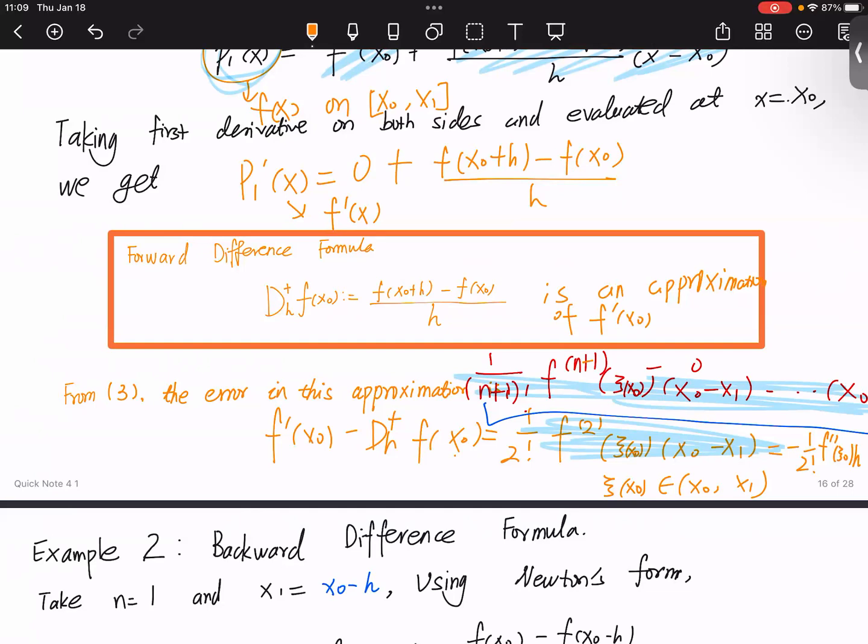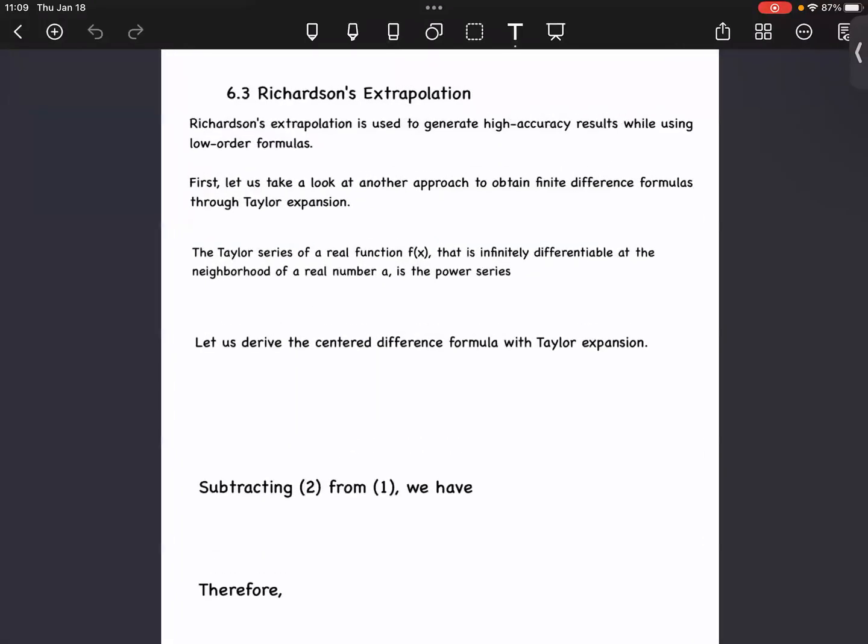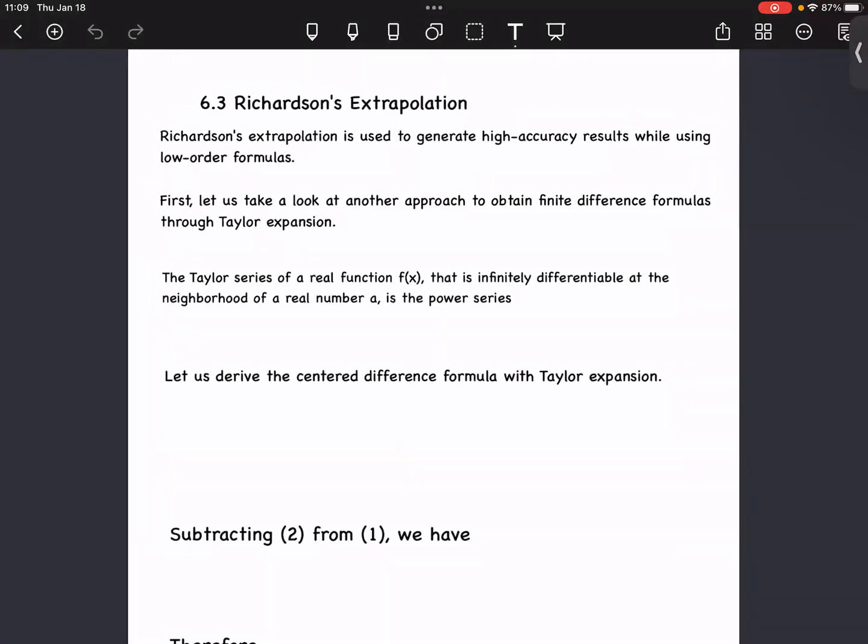So this is the first part of today's discussions, Richardson's extrapolation. We use this method to get the high accuracy formula to approximate the first derivative.